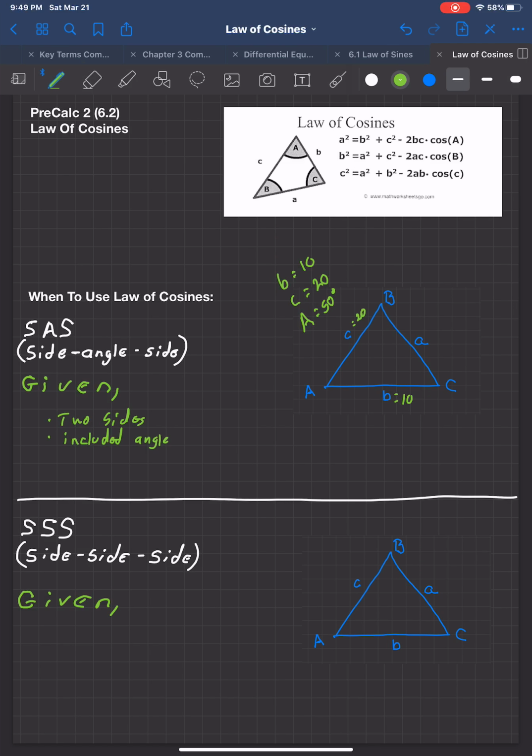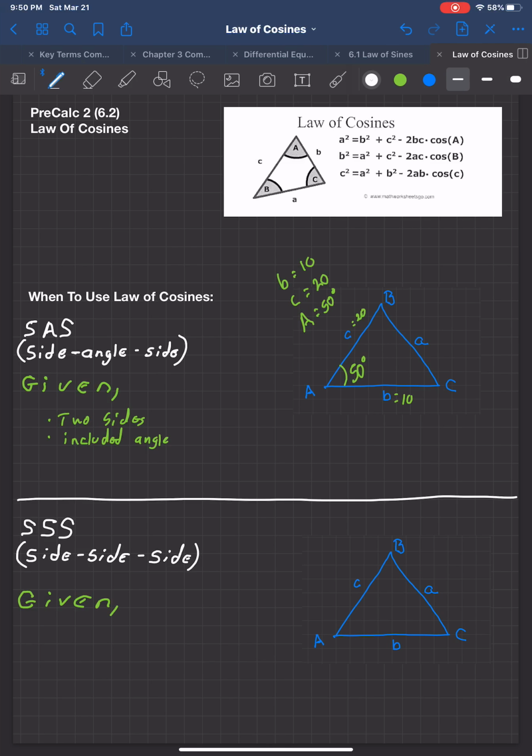Now, this is the type of triangle that the law of sines will not work. And I tell you what, ready for a secret? This is super informal, super sloppy. But if I were explaining to my 9-year-old when should you use the law of cosines or when should you use the law of sines, here's something I would say.